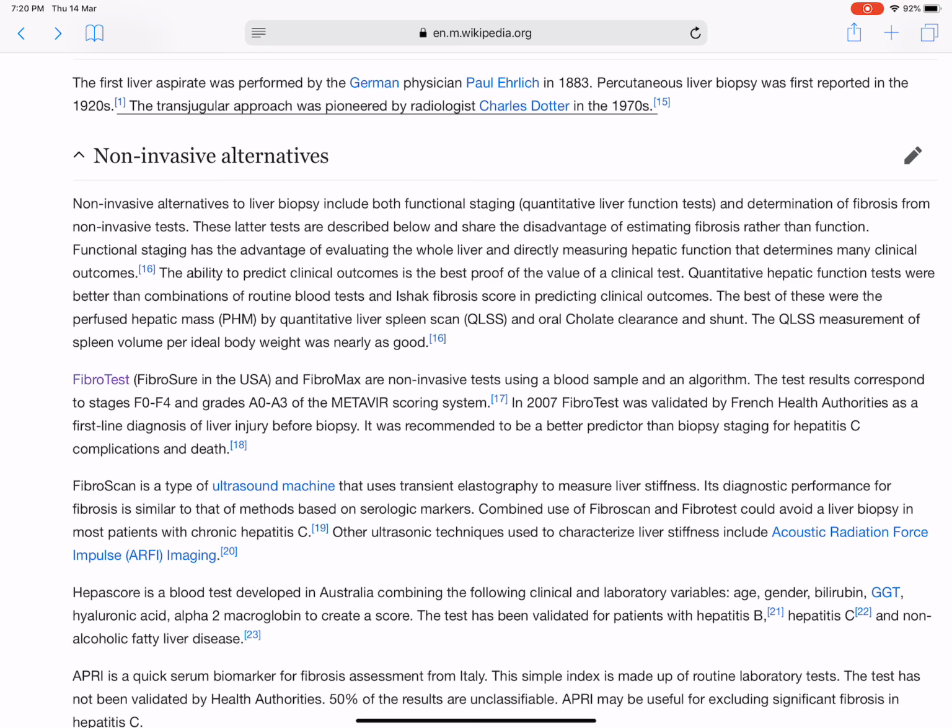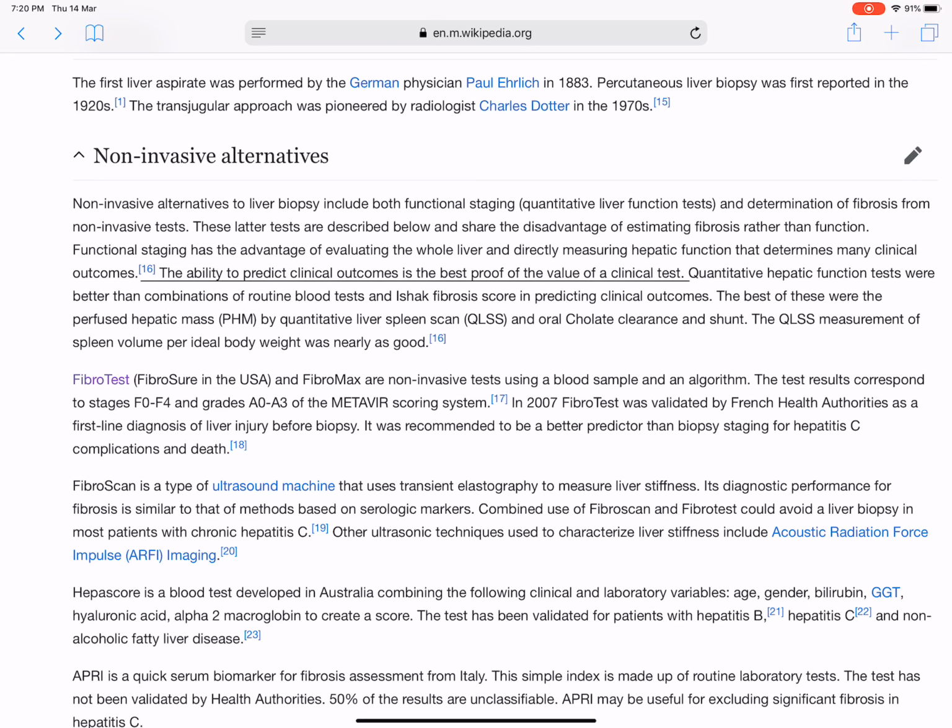Non-invasive alternatives. Non-invasive alternatives to a liver biopsy include both functional staging, quantitative liver function tests, and determination of fibrosis from non-invasive tests. These latter tests are described below and share the disadvantage of estimating fibrosis rather than function. Functional staging has the advantage of evaluating the whole liver and directly measuring hepatic function that determines many clinical outcomes.